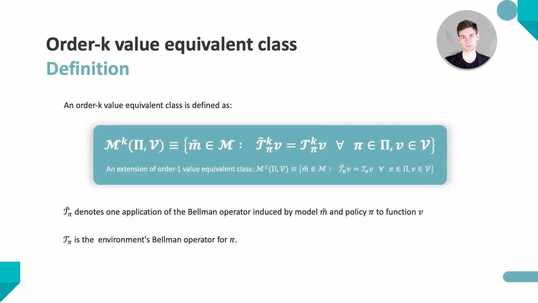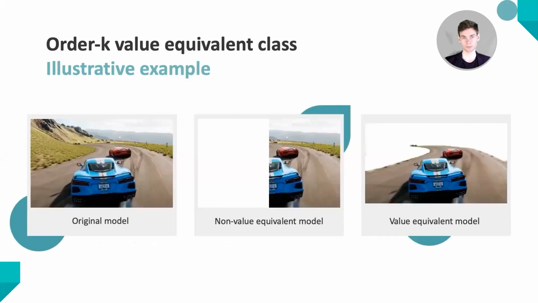So that's the value equivalent class. And we want to use this concept now in order to see what kinds of state representations might give us value equivalent models, and which ones would be associated with non-value equivalent models. So in order to give an example here, we have some original model to the left.